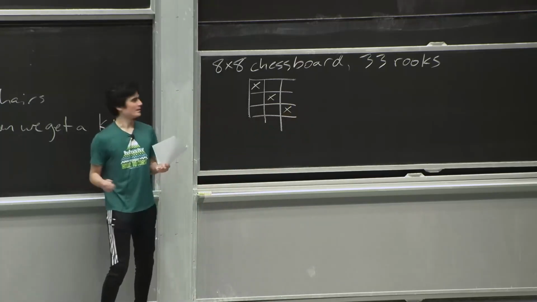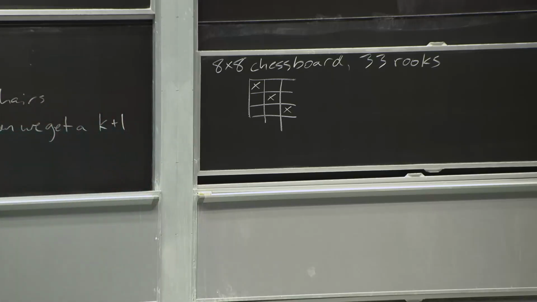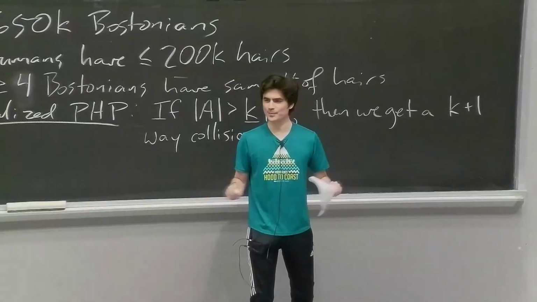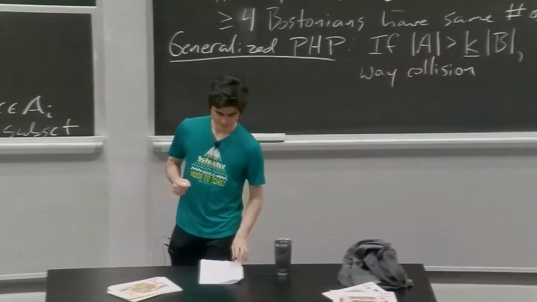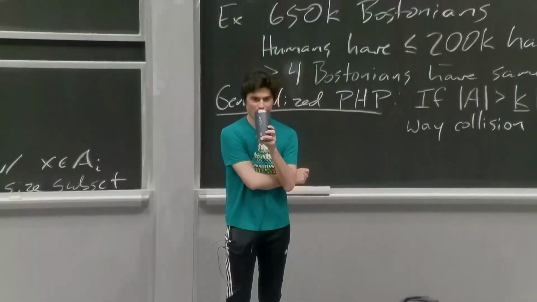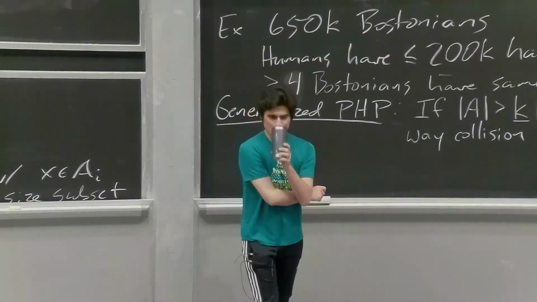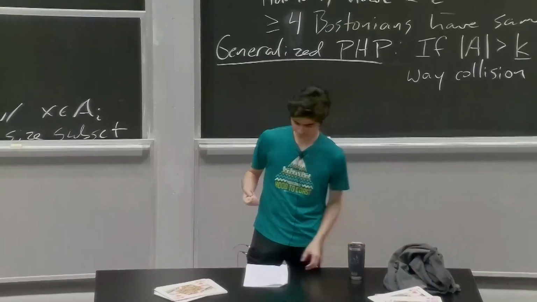Okay? So we're trying to find a set of 5 like that, right? Like no 2 of them share a column or a row. Does the setup make sense? Okay. How could we do that? Rather, how could we prove the existence of such a set?